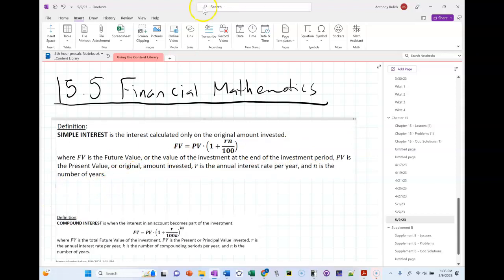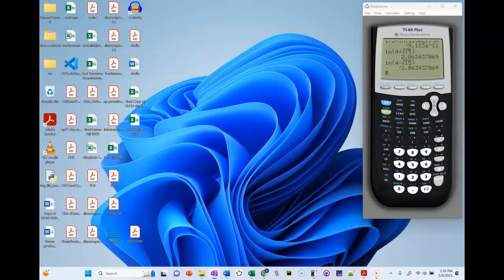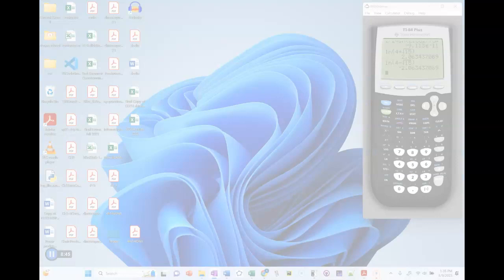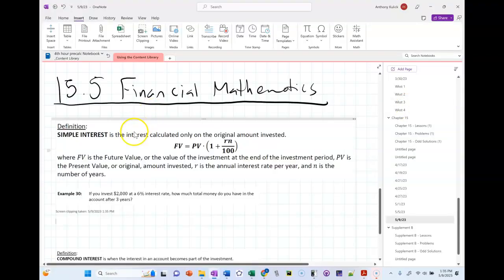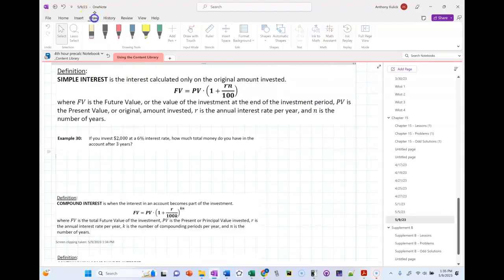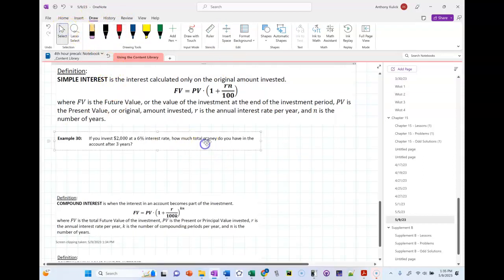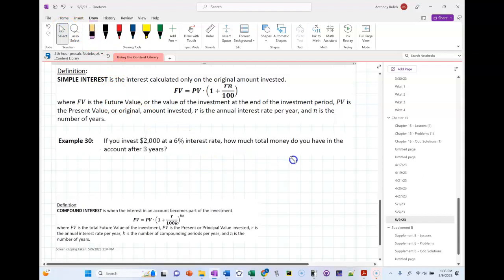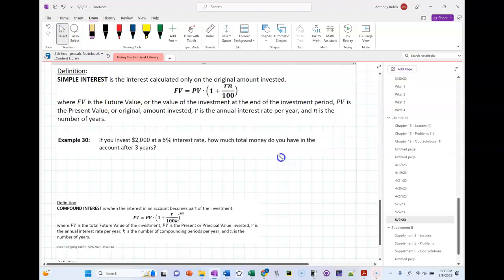So let's do a quick example using simple interest here. If you invest $2,000 at a 6% interest rate, how much total money do you have in the account after 3 years?